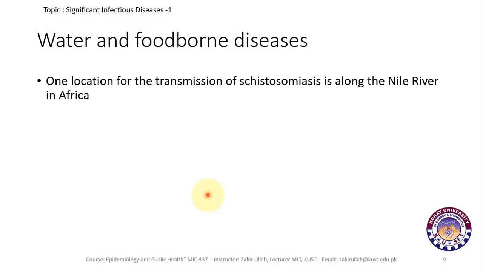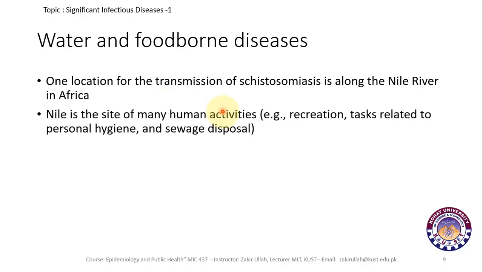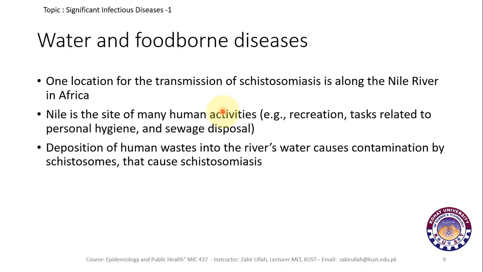We will discuss the example of schistosomiasis in this disease, and one location for the transmission of schistosomiasis is along the Nile River in Africa. Many human activities occur along that riverside: recreation, task-related personal hygiene, and sewage disposal.